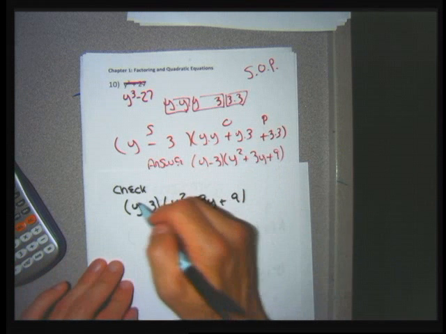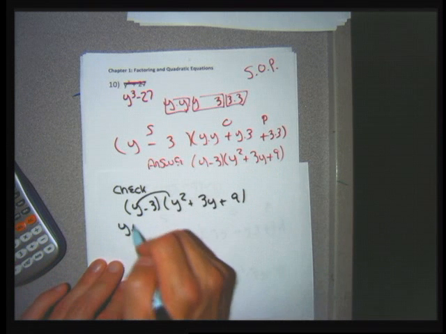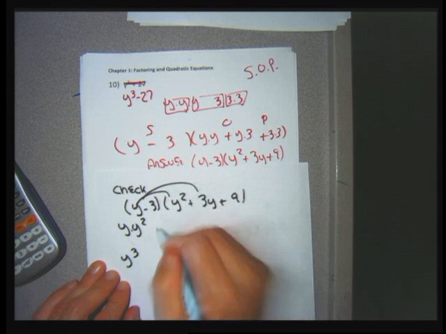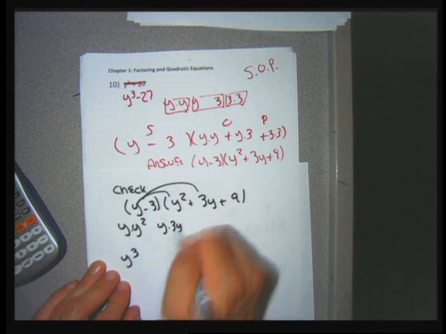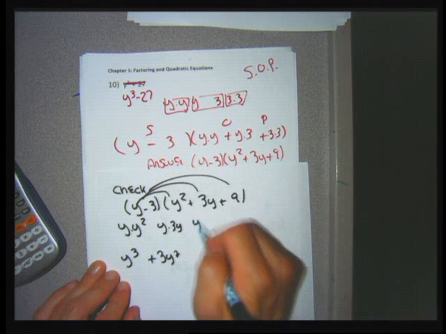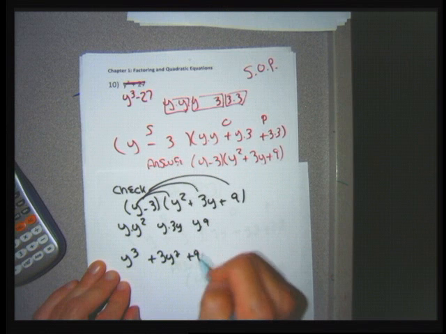I'll go y times y squared to start and get a y cubed, and then y times 3y and get a plus 3y squared, and then y times 9 and get a plus 9y.